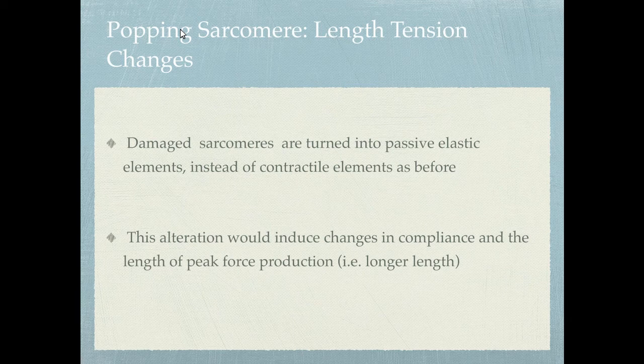So, think about it. Normally you have, say, a chain of sarcomeres. If one pops, the optimal filament overlap is going to change between sarcomeres, right? So we know that within a sarcomere you have this optimal filament overlap. But if you have one sarcomere that's simply stretching and acting as passive tissue, that's going to change the compliance of the system, and you're not going to hit optimal force until essentially a longer range of motion.